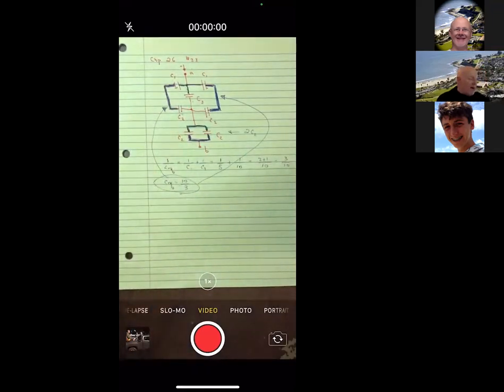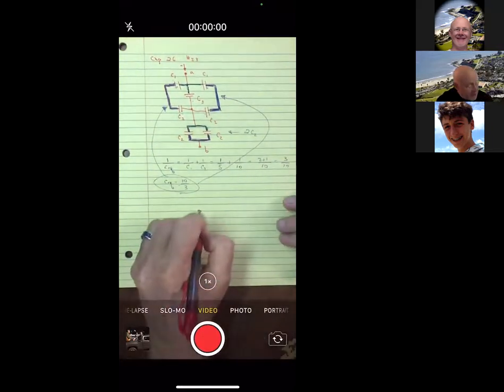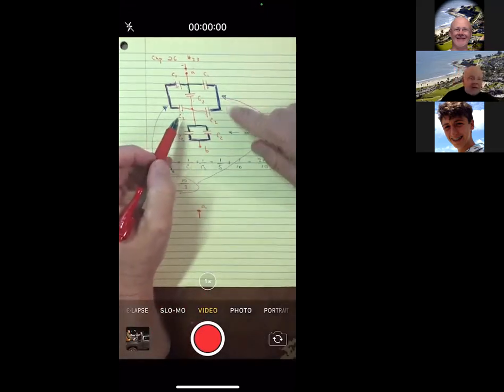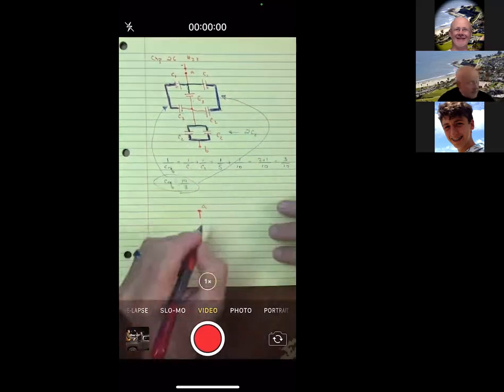So my first thinking here is to say, okay, this is the real circuit. Never forget, this is the real circuit.